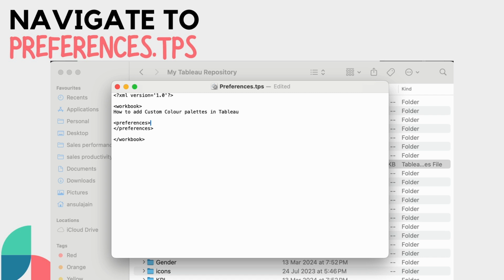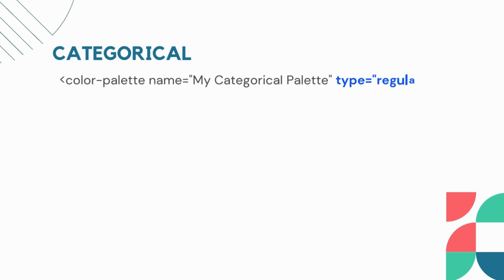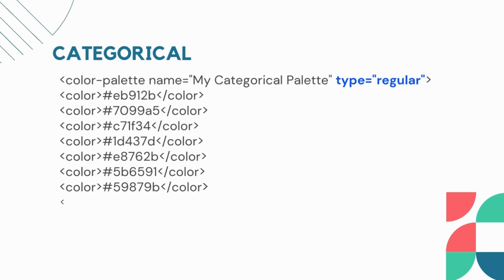Now, once you open the text editor and see this particular file, you would see just a couple of tags here. You need to add the preferences tag in this particular XML file. Now, if you want to add a color palette for categorical values, you need to remember this. The color palette name can be anything that you want, but the type has to be regular.